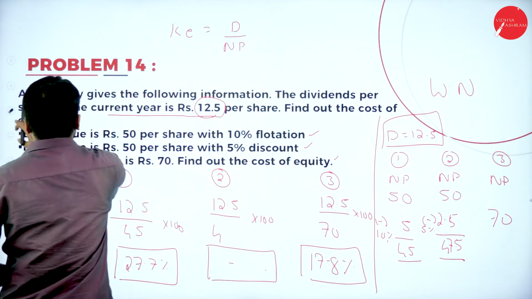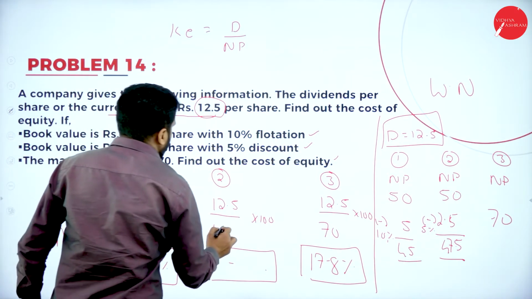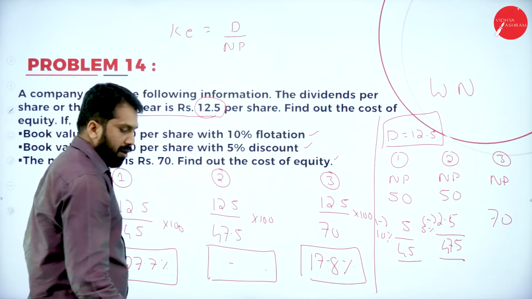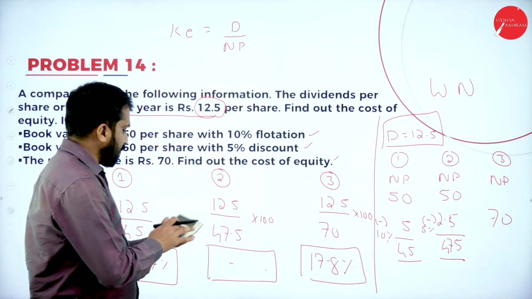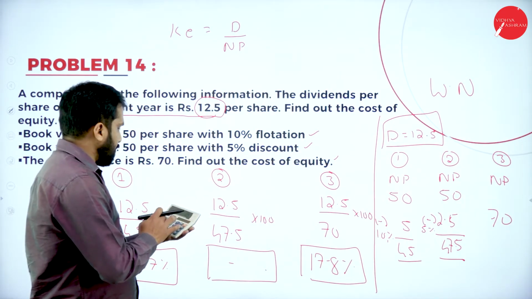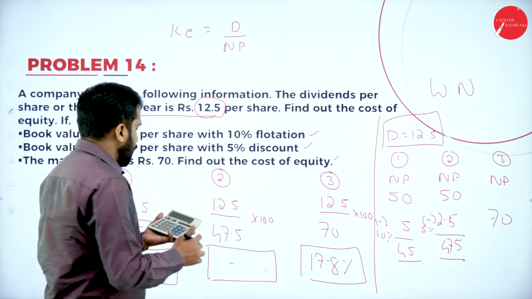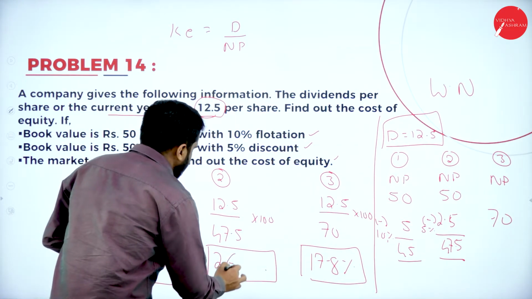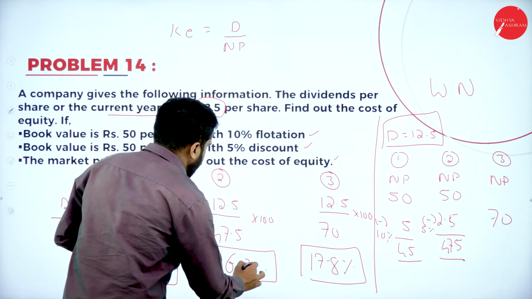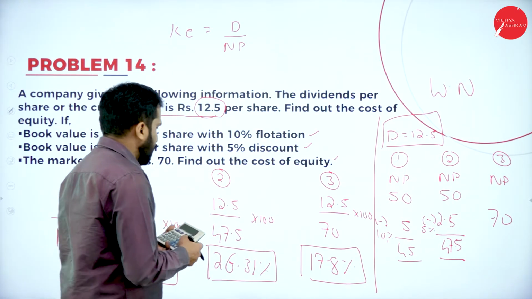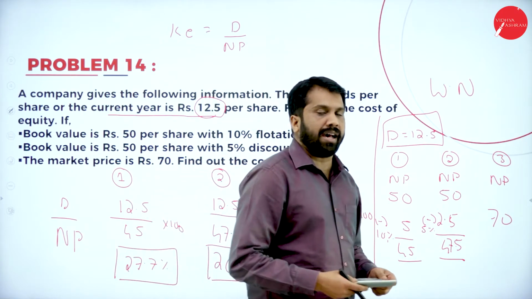So this will be 47.5. 12.5 divided by 47.5 into 100. You will get 26.31%. Hope you understood. This is all about your calculation.